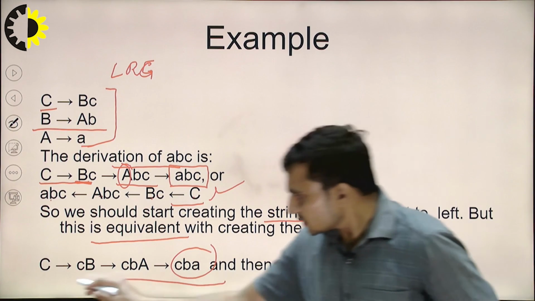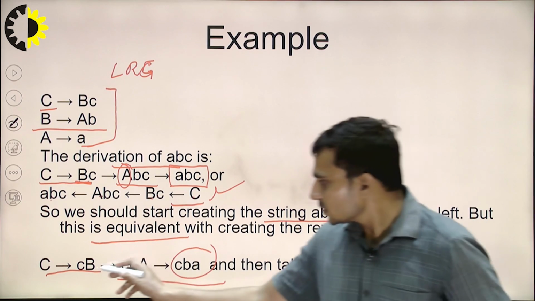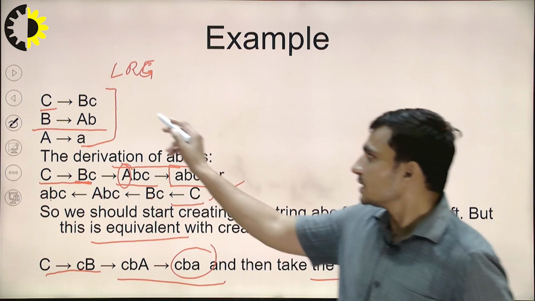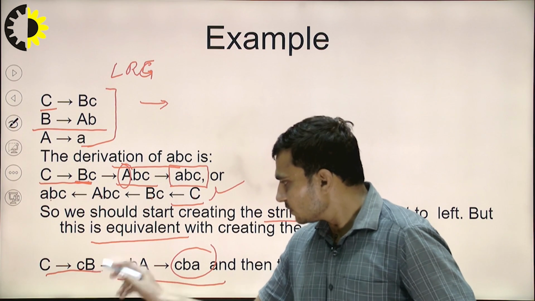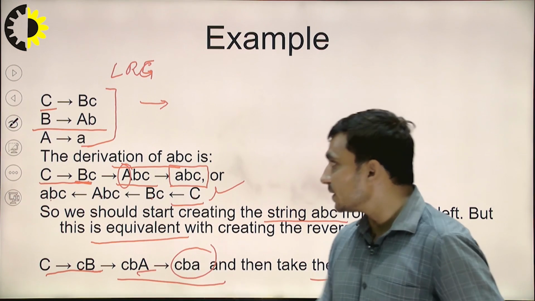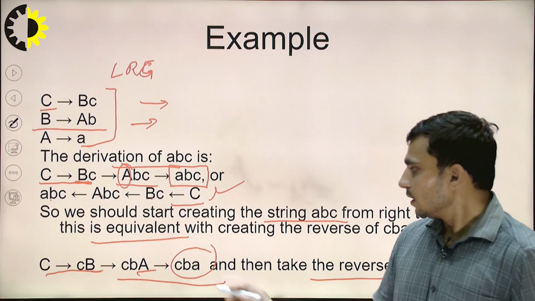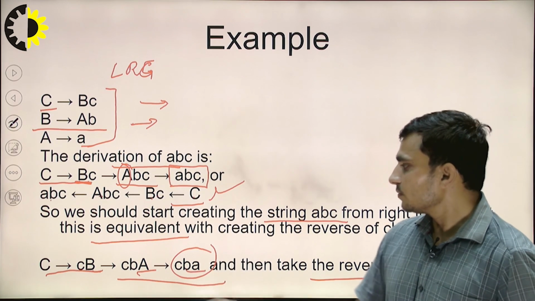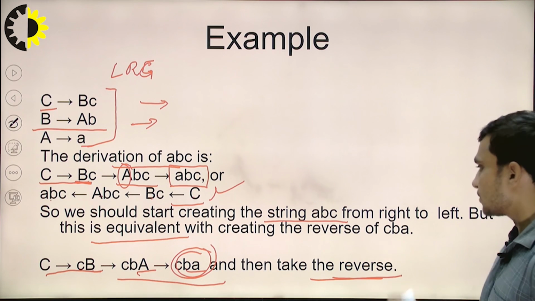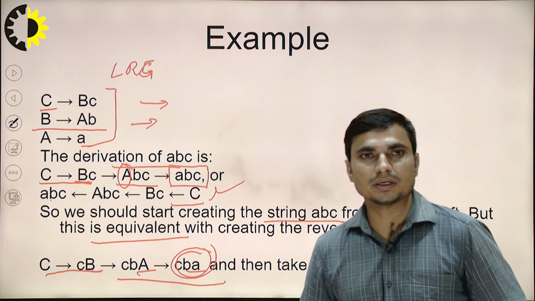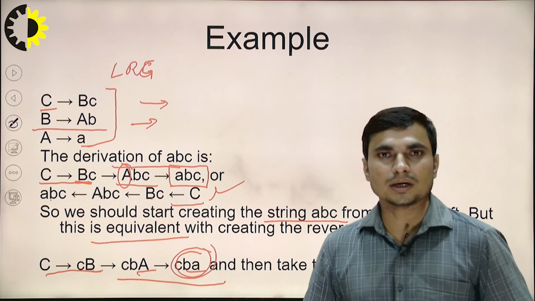So if I replace this C with small cb, that is the reverse of this rule, then we replace this B with small ba, and that is the reverse of this rule, and then we will have this CBA, and after that we can take the reverse of that. In that way we can generate a regular grammar or NFA for a left regular grammar also.